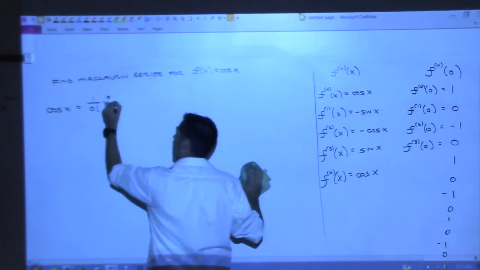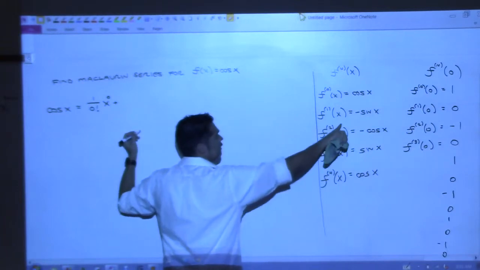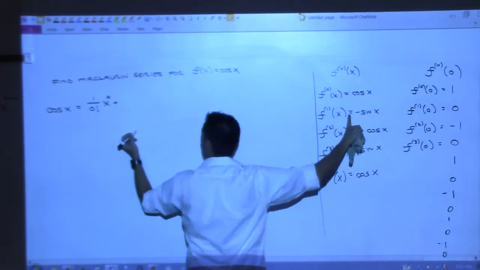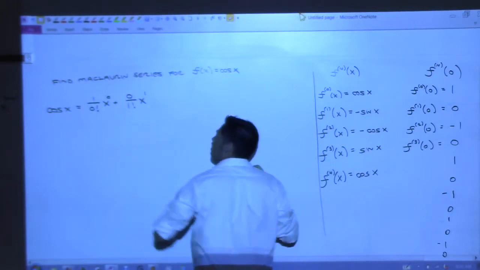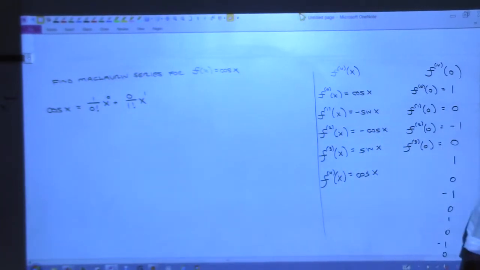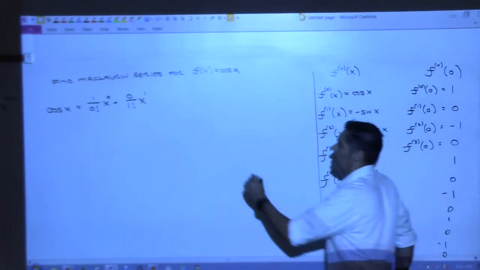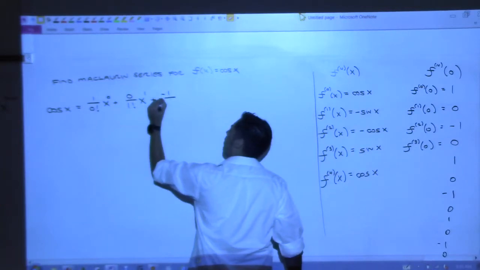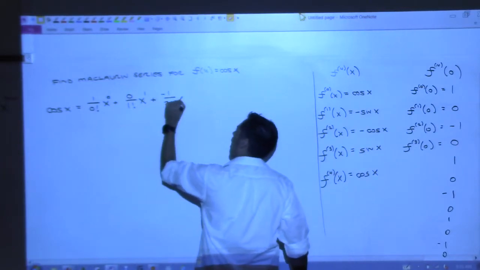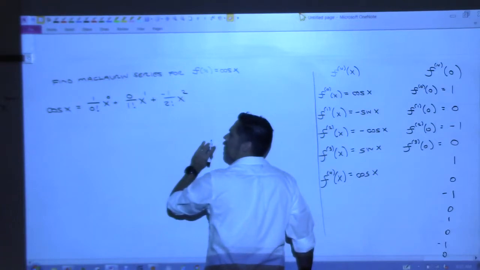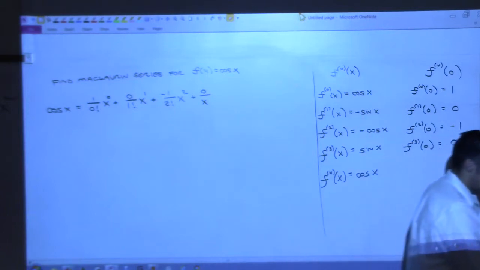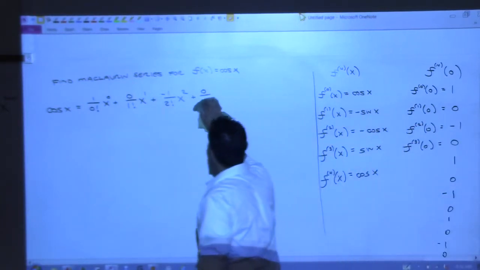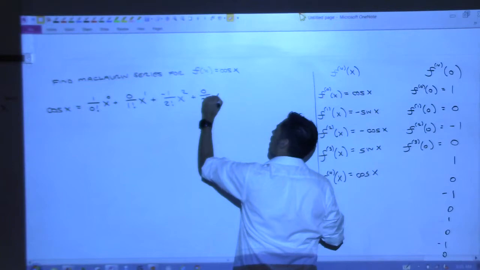Yes? Plus, now the next one is the first derivative, because I'm plugging in 1 for n. So this is going to be 0 on top, 1 factorial, x to the first. And then what's the next one? Negative 1, so I'm going to put plus negative 1 over 2 factorial, x squared. Plus 0 over 3 factorial, x cubed.